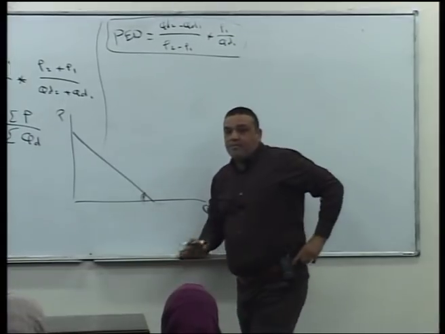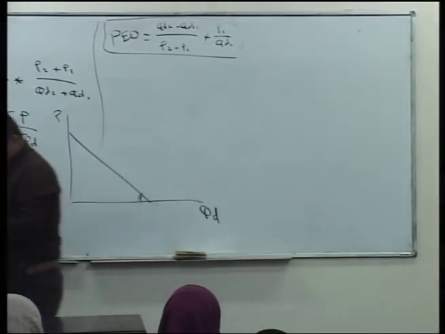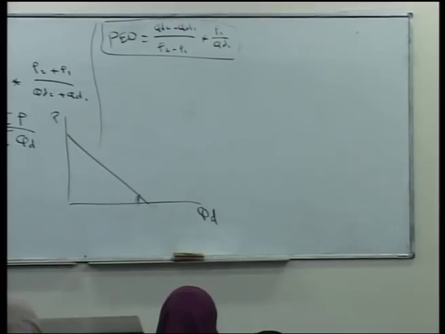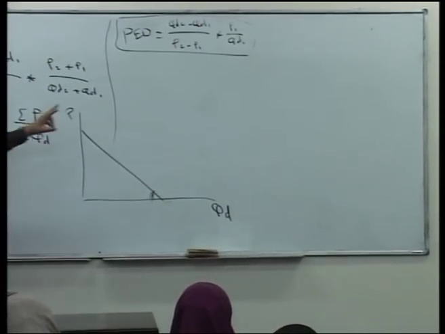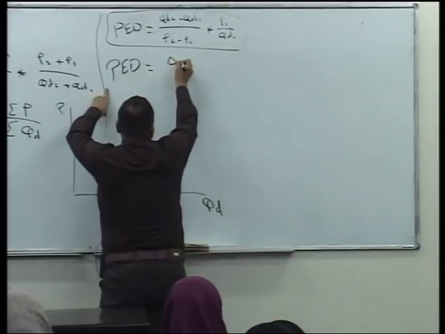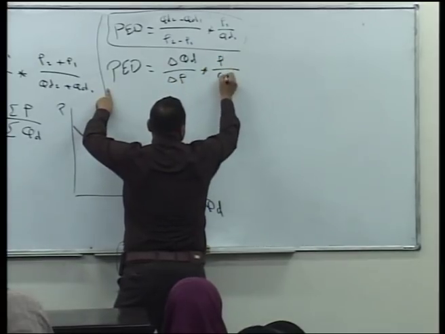Okay. I'm going to try to find the relationship between the price elasticity of demand and the slope here. So here we can say that PED equals change in quantity demanded over change in price times P over QD.